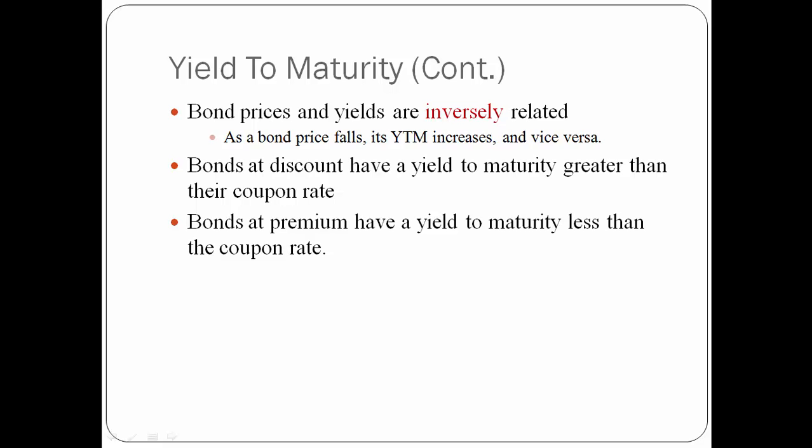Otherwise, your return will not be that high, right? So bonds at a discount. Remember, when bonds are traded below the par, that's a discount, right? Bonds at discount will have a yield to maturity greater than the coupon rate, and bonds at premium have a yield to maturity that is lower than, or say less than, the coupon interest rate.